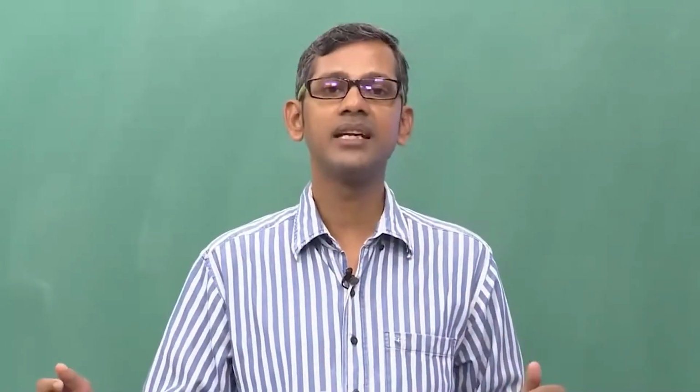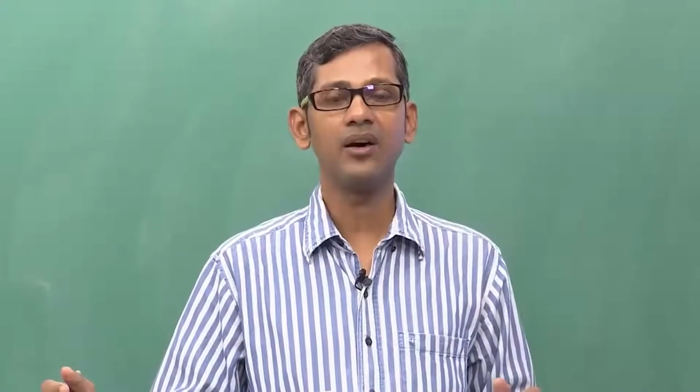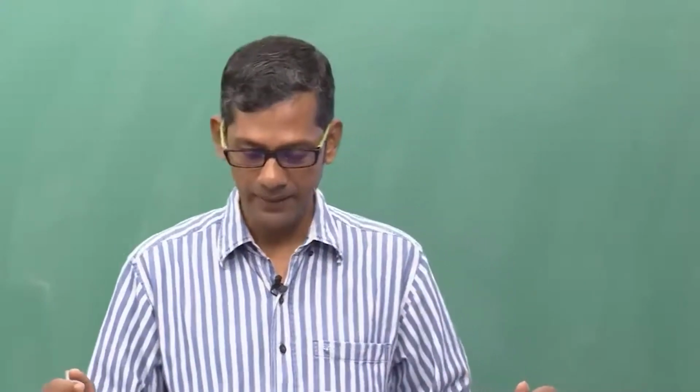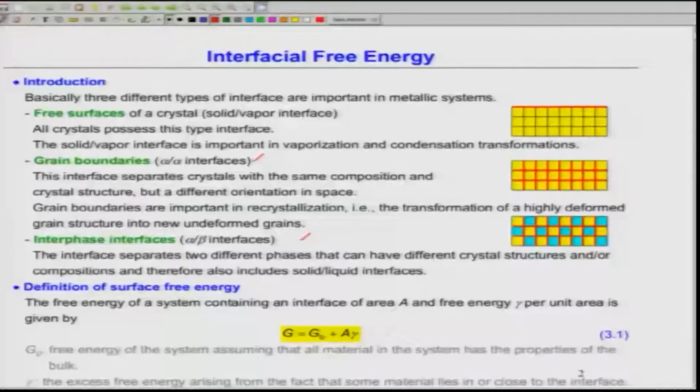The extra energy comes from the surface or interfacial area multiplied by the energy per unit area. So that is nothing but the surface area A and a free energy gamma, defined per unit area. Therefore, the total energy of the system will be equal to G0 plus A gamma, because G0 is the energy of the bulk where there is no interface. The moment you bring in an interface, you add the A times gamma term, where A is the total area of the system and gamma is the surface energy per unit area.